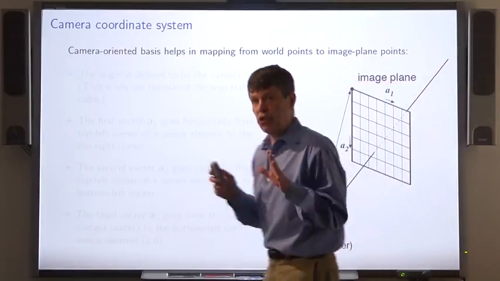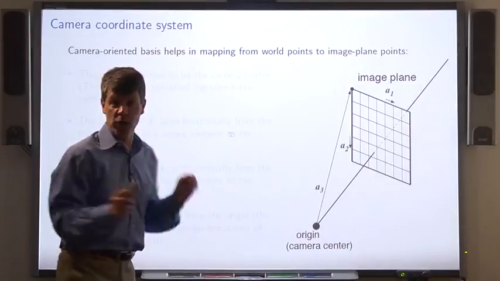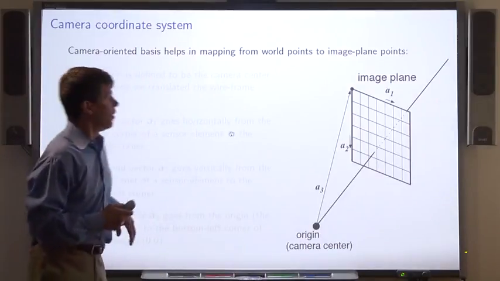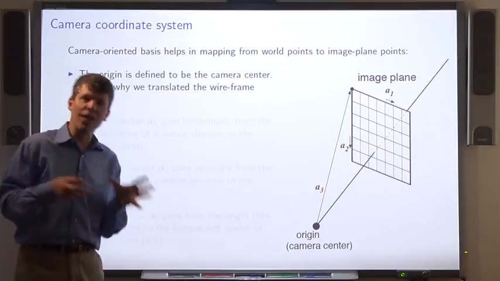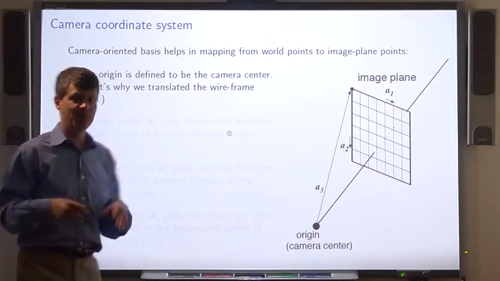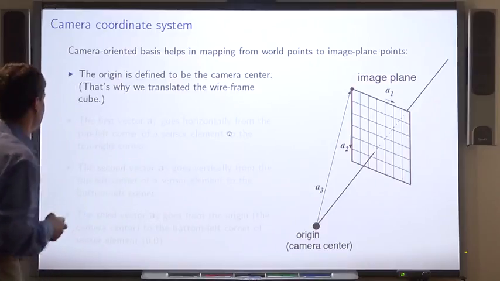We're going to do that using a specially designed basis, which I'll call the camera-oriented basis. The origin is defined to be the camera center. That's why we had to translate that wireframe cube to get it somewhat away from the camera center, the origin.